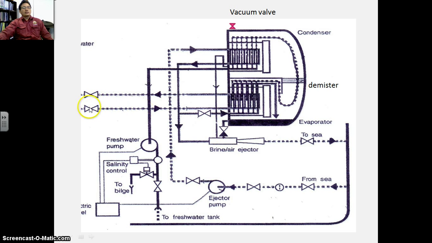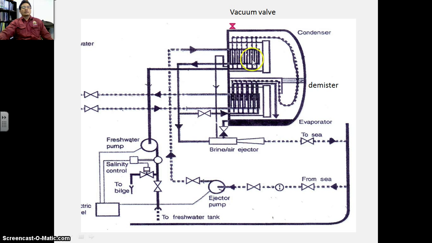The function of the hot jacket cooling water is to heat up the evaporator plate. The freshwater line is used to draw out the water. Freshwater collects at the condenser.